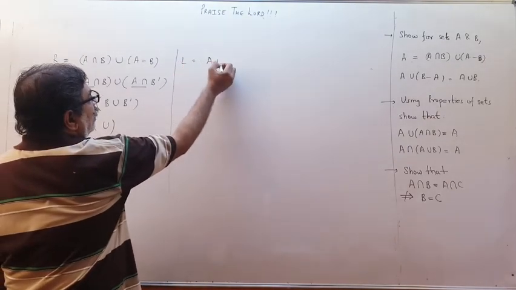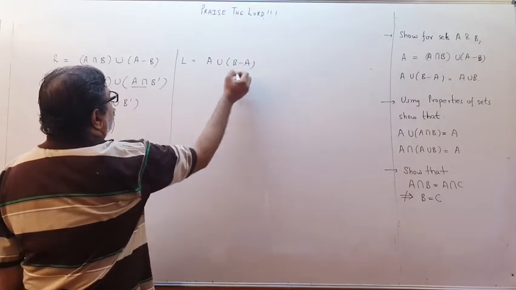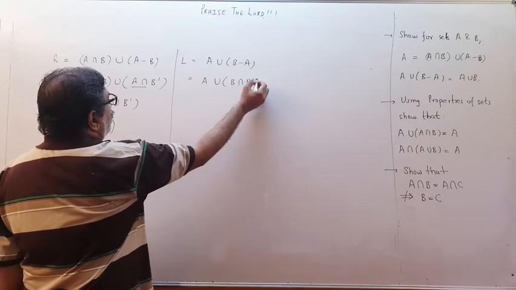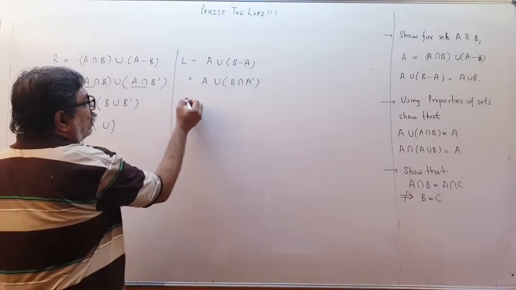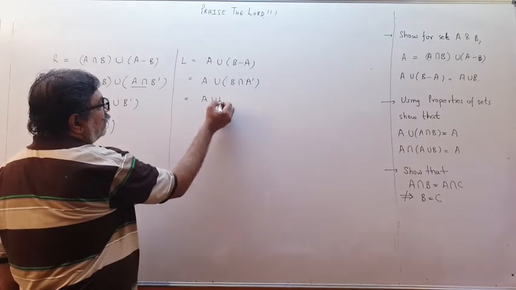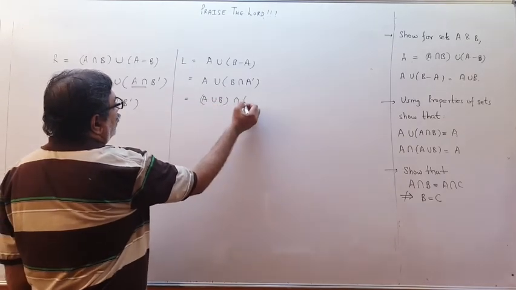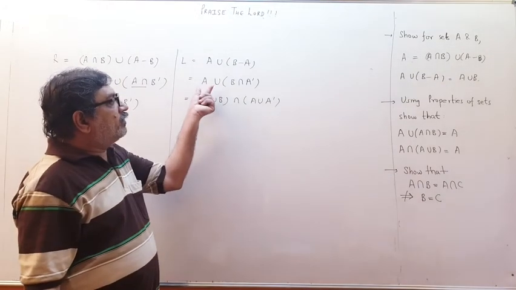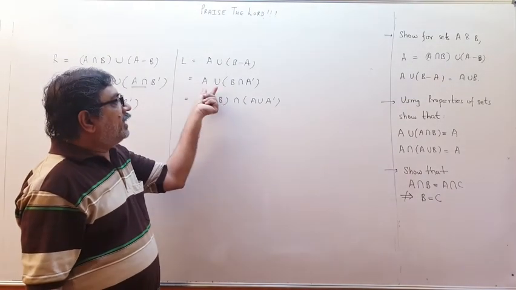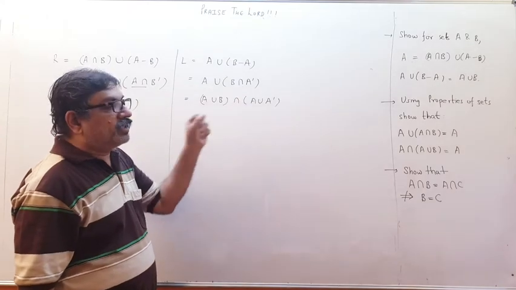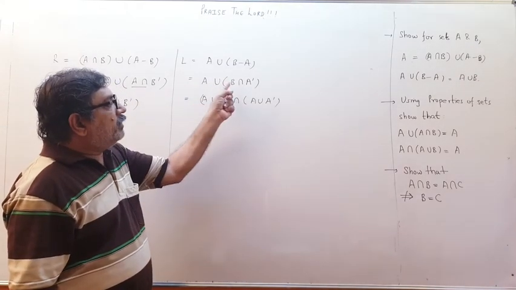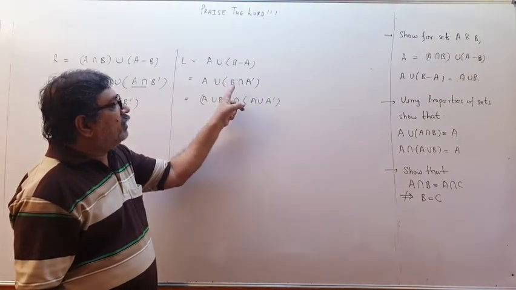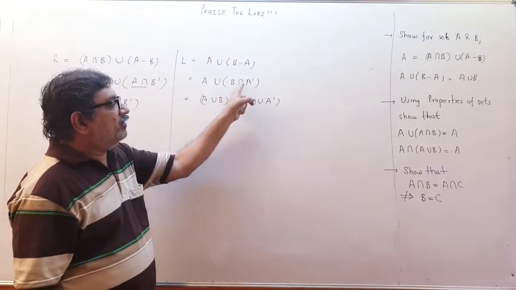LHS is A union B minus A. That is A union B intersection A dash. Distribute A union. So this becomes A union B intersection A union A dash. I distribute A union with both B and A dash and this intersection over here.